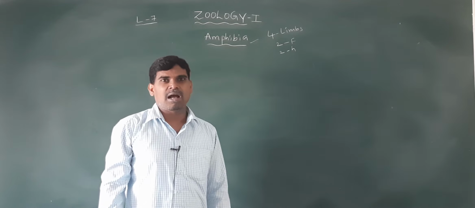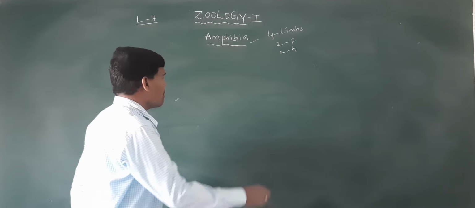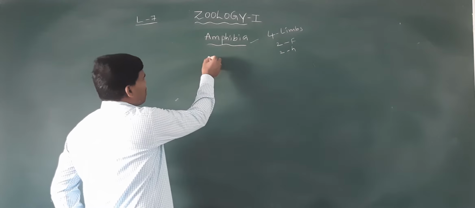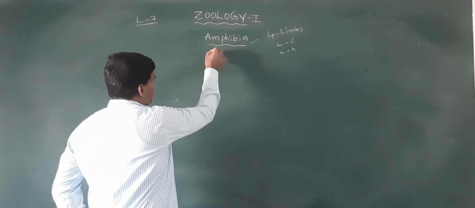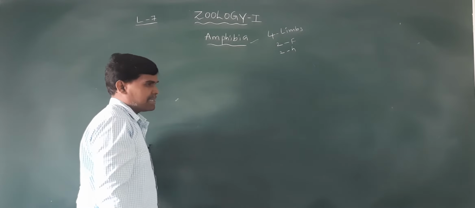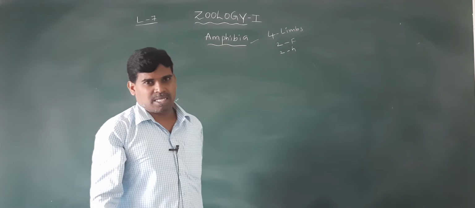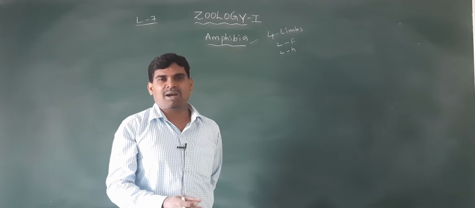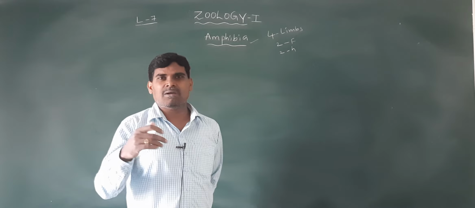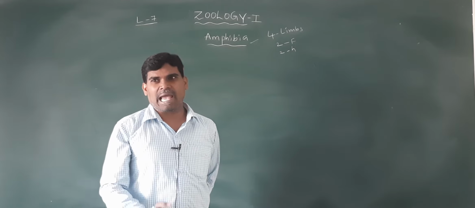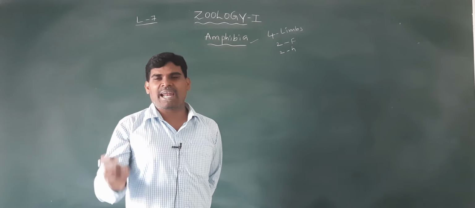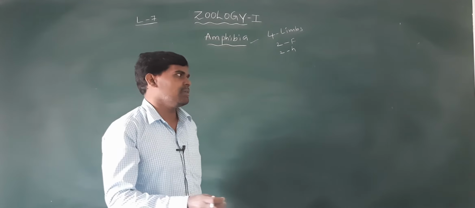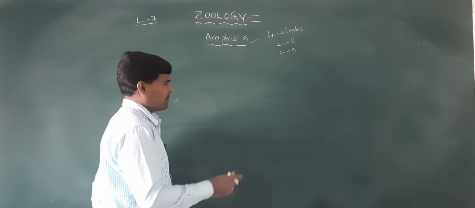Amphibians were the first animals to come out onto the land. Dual mode of life means aquatic nature and terrestrial nature: living in water and on land.